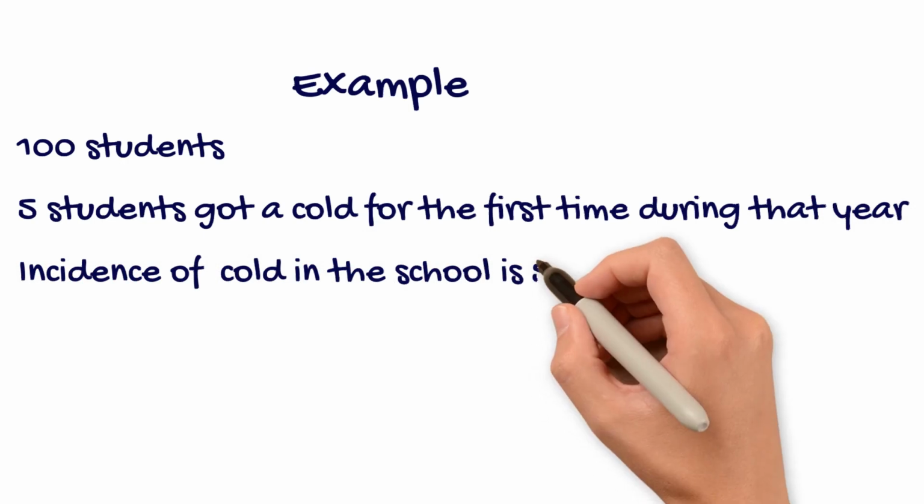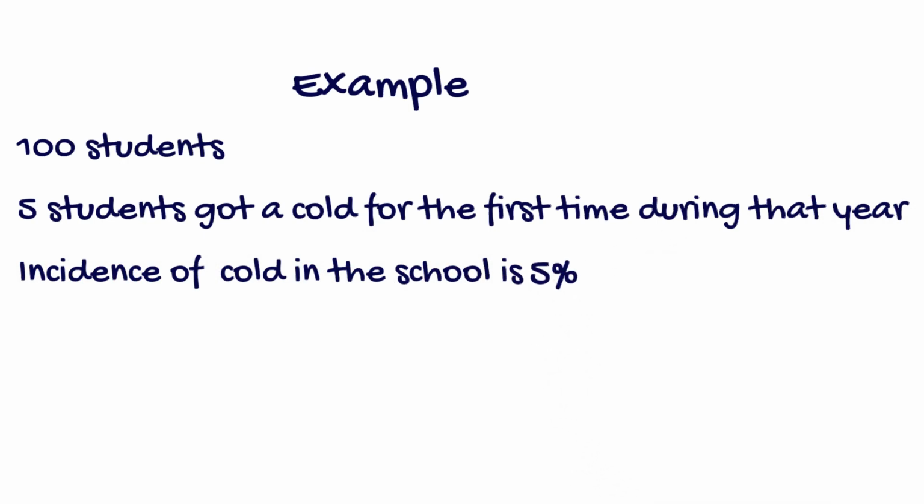Incidence tells us the rate at which new cases are happening within that group. So incidence helps us measure the occurrence of new cases over a specific time, giving us insights into how quickly a disease is spreading or affecting a population.